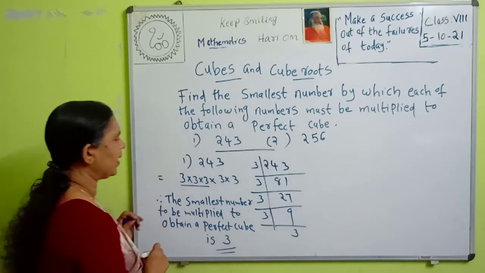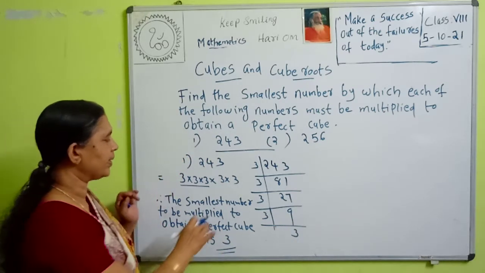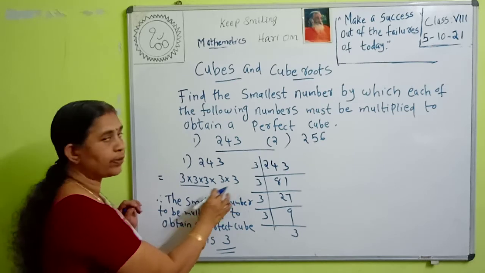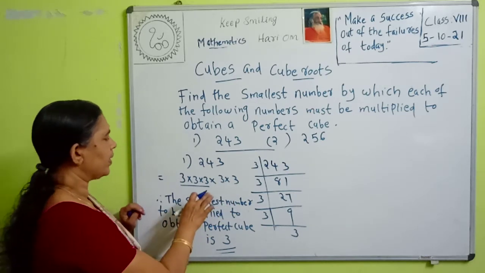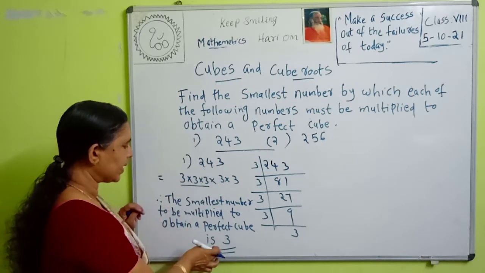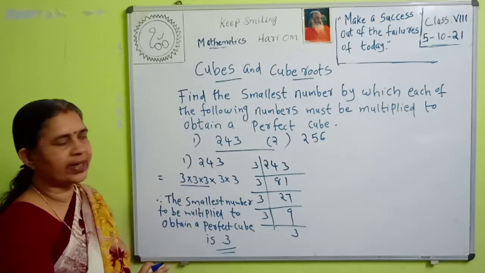So if we multiply this number by 3, then one more 3 is there, then we can group them into triplets, then we can find the cube root also.